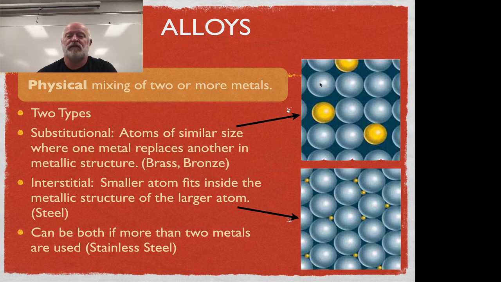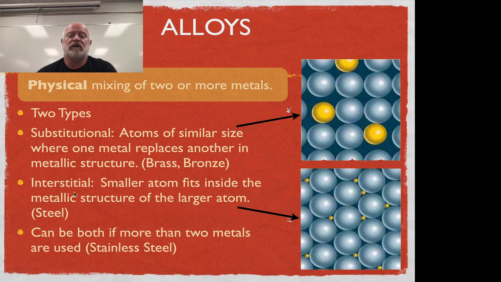So if you look here, you have a bunch of zinc and you have coppers replacing it. You don't have anything else in between them. So the copper actually takes the place of where you would normally expect to see a zinc. Okay, the better you blend the alloy, the more uniform that structure can be. Things like brass and bronze are considered examples of substitutional alloys. All right, and these ones do that substitution.